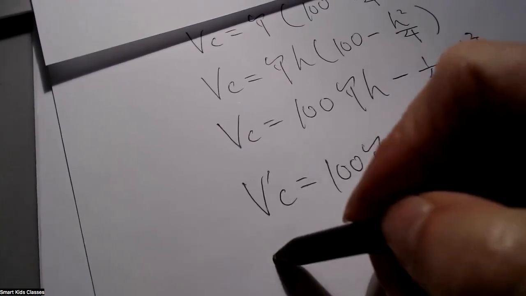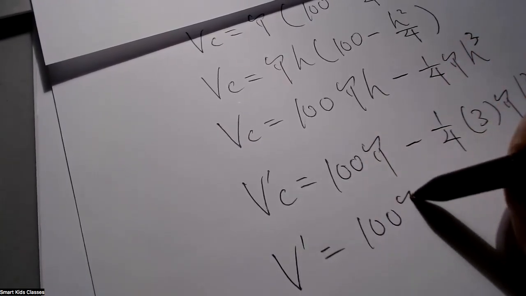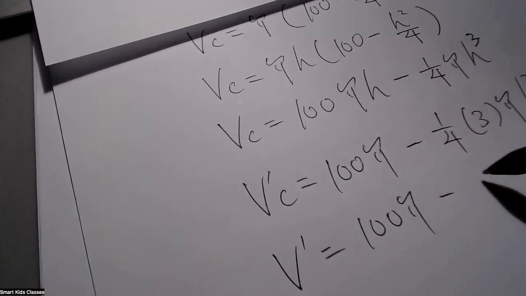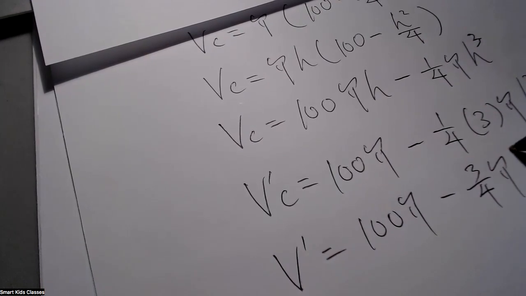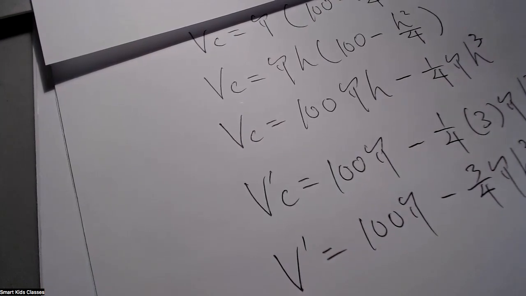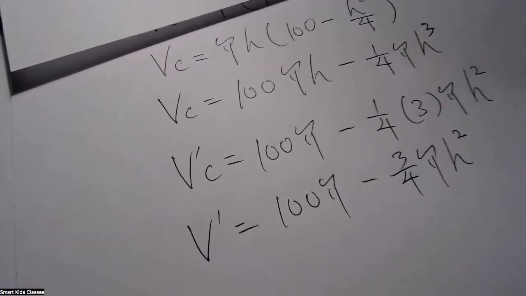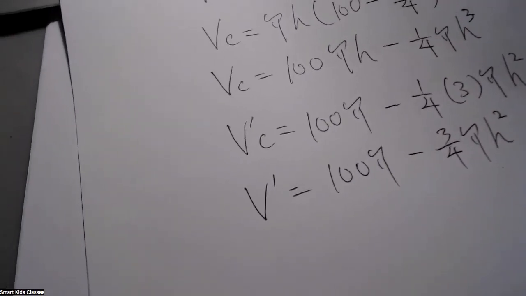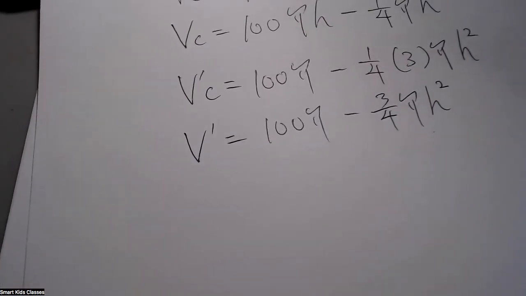Now we simplify: V prime is equal to 100 pi minus 3 over 4 pi h squared. To find the height, we set the equation equal to 0 and solve for h in V prime.